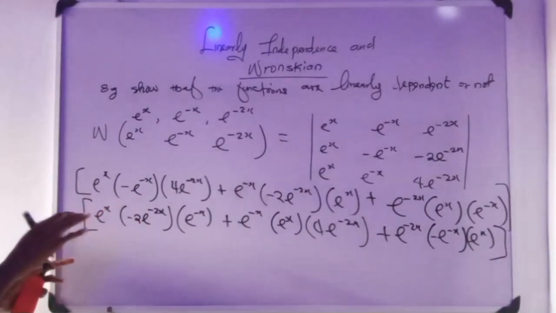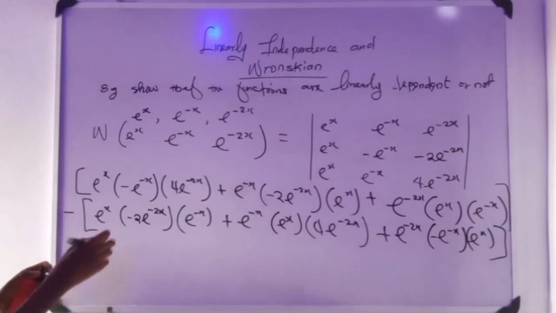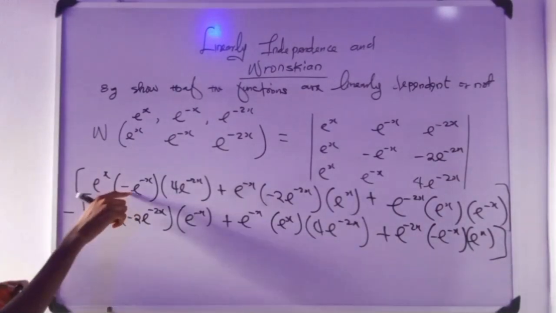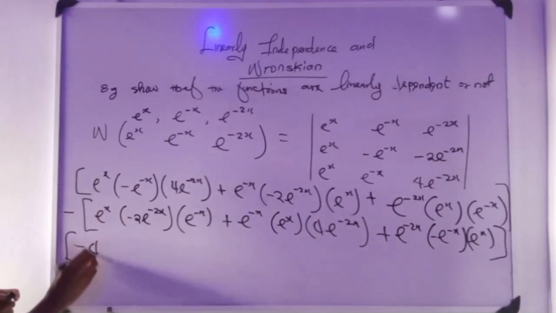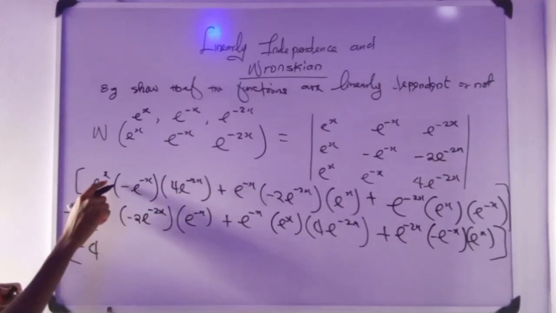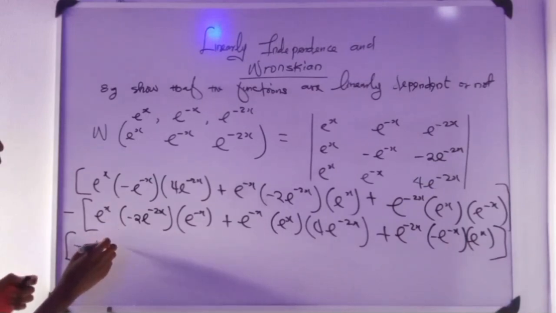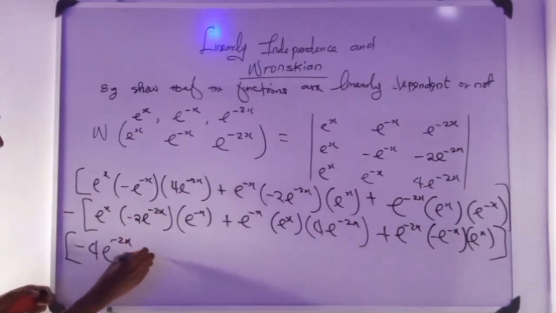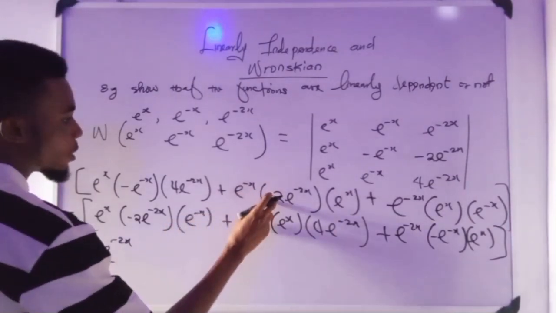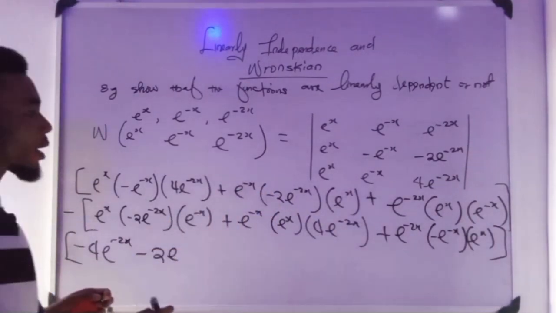In opening this, I will apply a bit of indices because of the powers of the exponentials, and I will also take note of my coefficients, which are the negatives and the scalars. So this goes like this as minus 4, which is still in brackets, minus 4 because of this. Now x minus x is gone, and I have only exponential of minus 2x surviving. Now let's come to this place. Because of this negative, this automatically changes to negative 2 exponential.